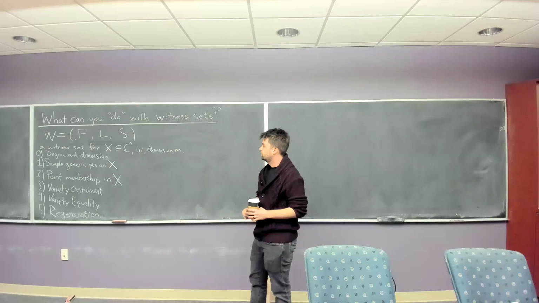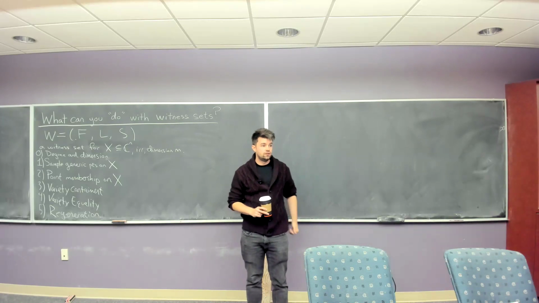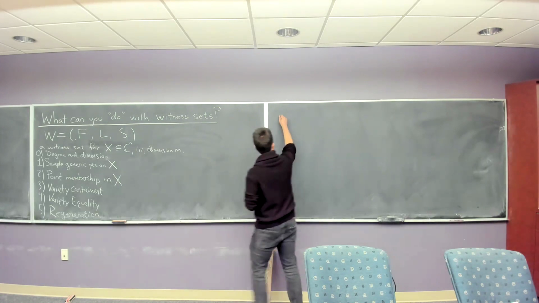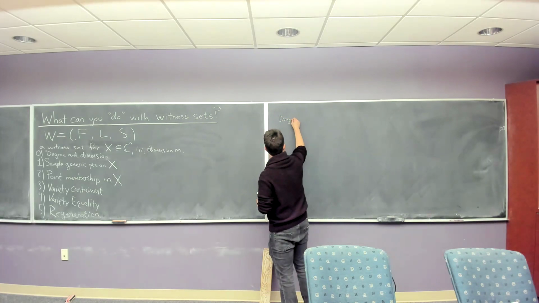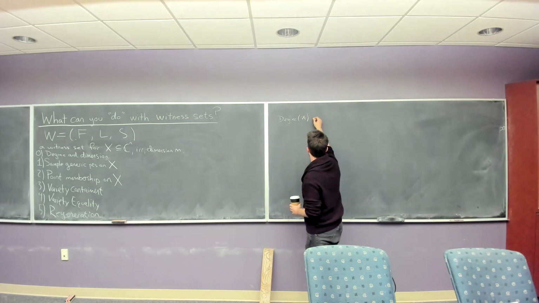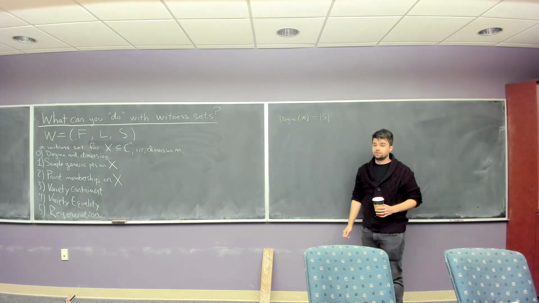You can compute the degree and the dimension of a variety from a witness set because it's really trivial to do. The degree, so let's do this. Degree. So this should output the size of S. The size of S is the degree of your variety.